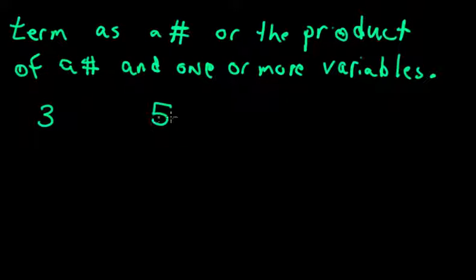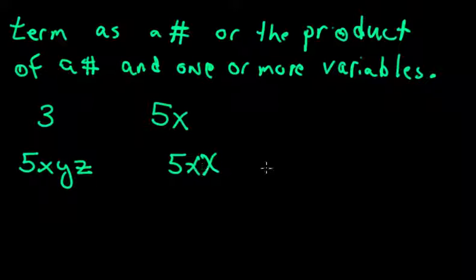So 5x is a term, 5xyz is a term. Now 5xx is a term because these are products and multiplications.